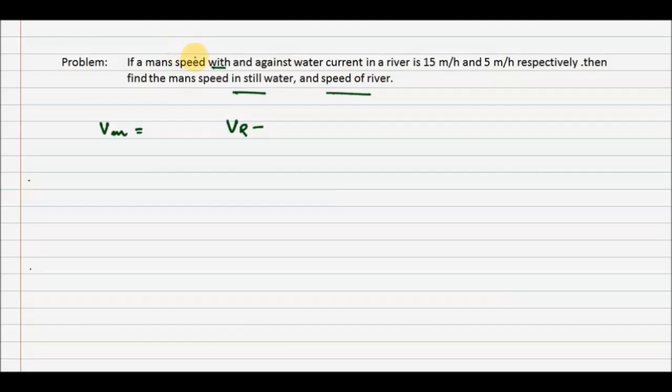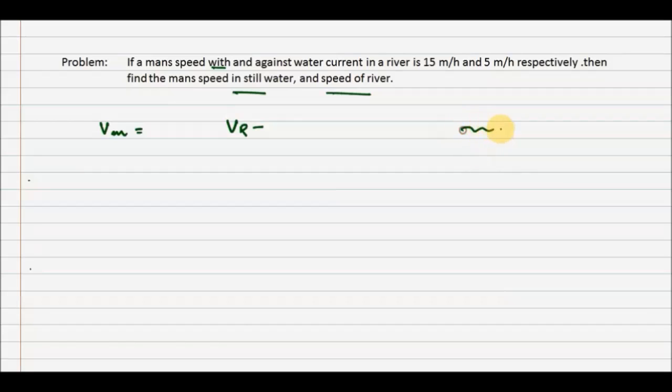Now, we have two conditions here: the man's speed with the water current and the man's speed against the water current. Let me take the first condition, the speed of the man with the water current.